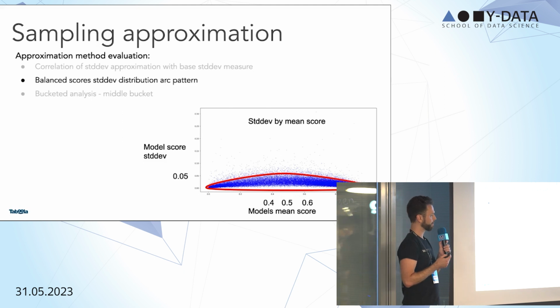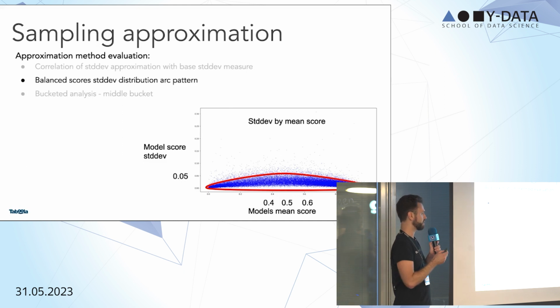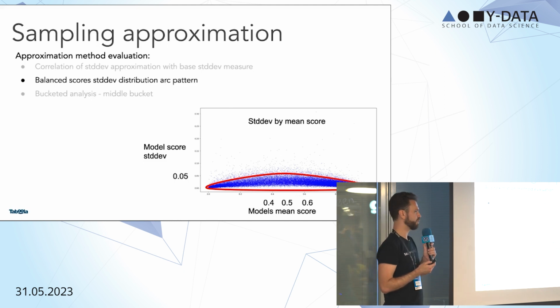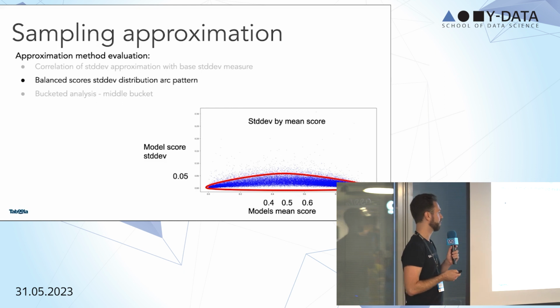So there's a correlation between the score and the standard deviation. If I compute the same scores with two different methods, of course I will get a correlation because they follow the same pattern, right? So it's not really predictive of whether I have a good uncertainty estimate or not.